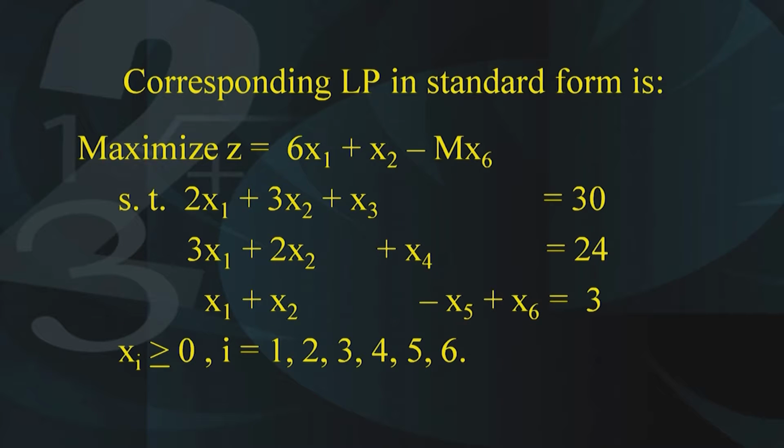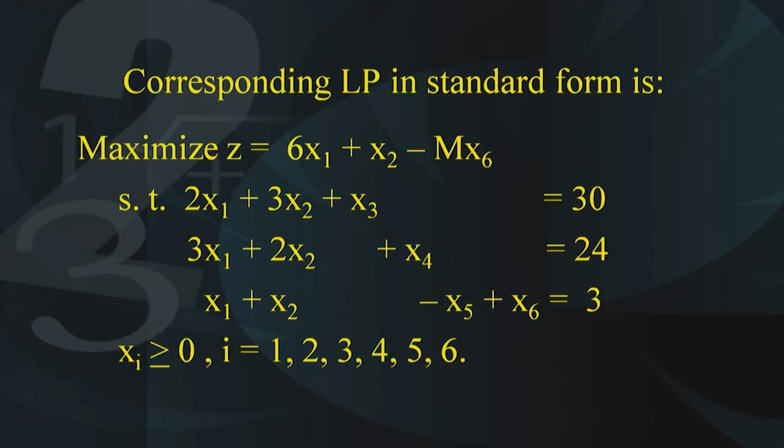So, in order to solve this problem with the simplex method, we need to write the constraints in this fashion, that is 2x1 plus 3x2 plus x3 is equal to 30, 3x1 plus 2x2 plus x4 is equal to 24, and x1 plus x2 minus x5 plus x6 is equal to 3.